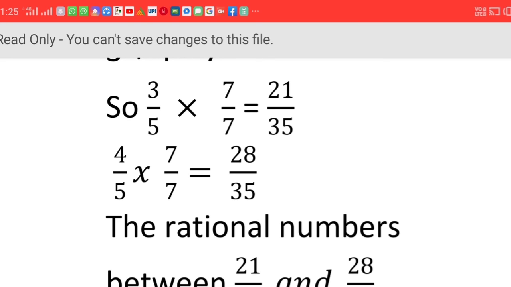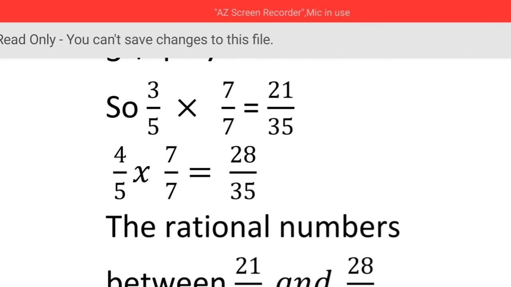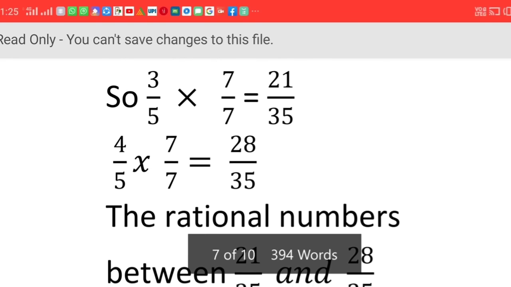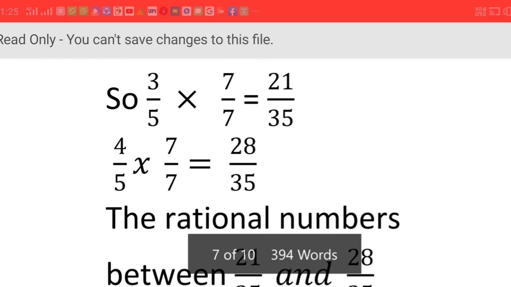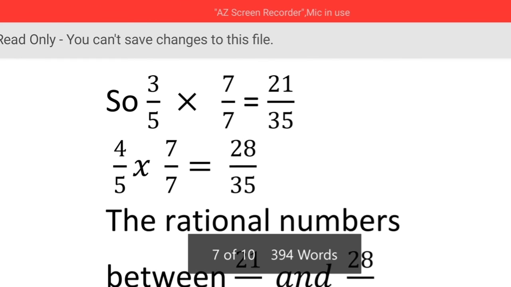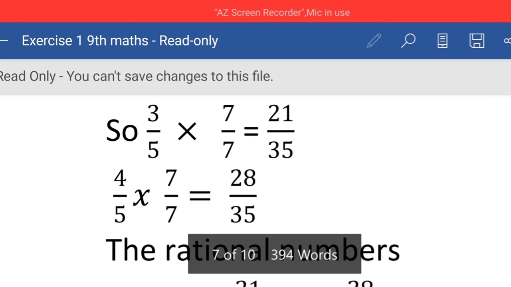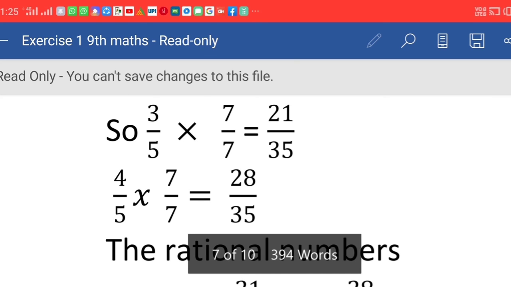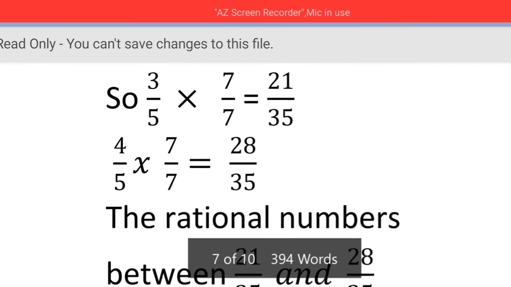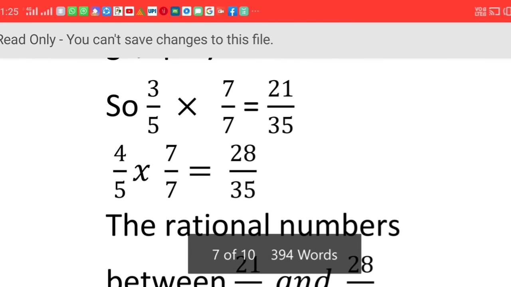Multiply 7 by 7. 4 into 7 is equal to 28, and 5 into 7 is equal to 35. So 28 by 35. So we will find the numbers between 21 by 35 and 28 by 35.